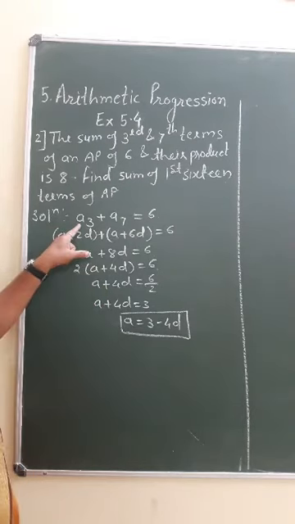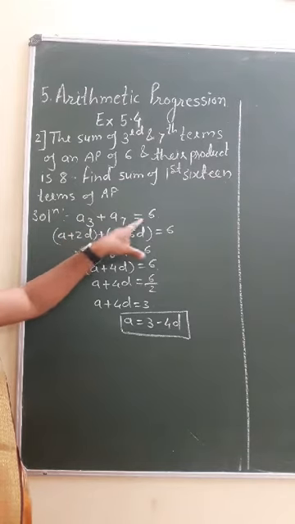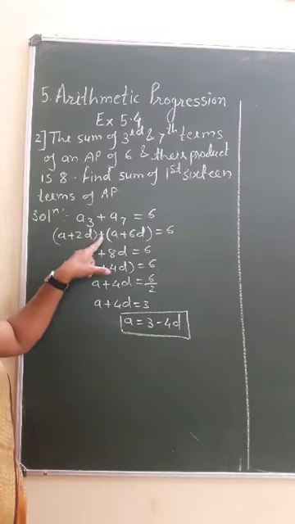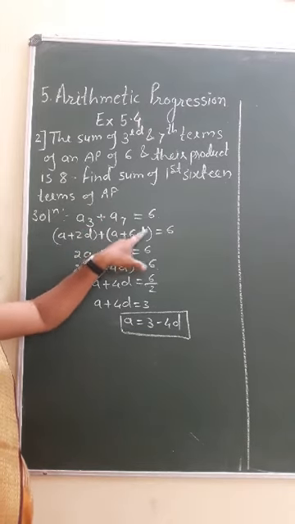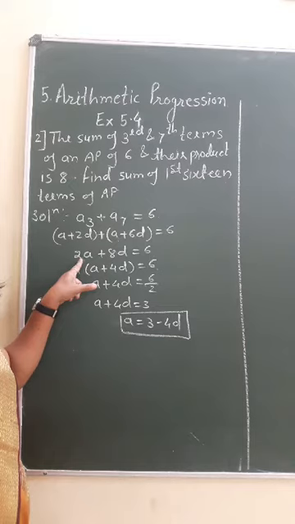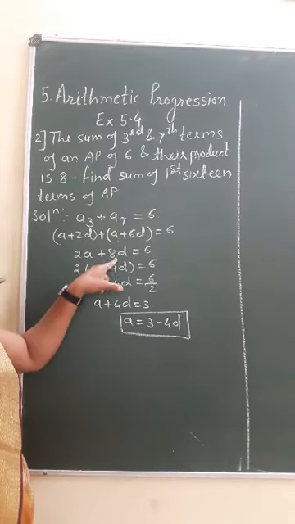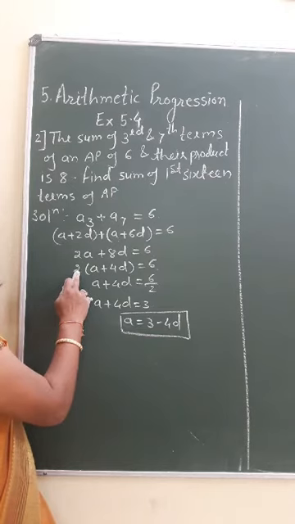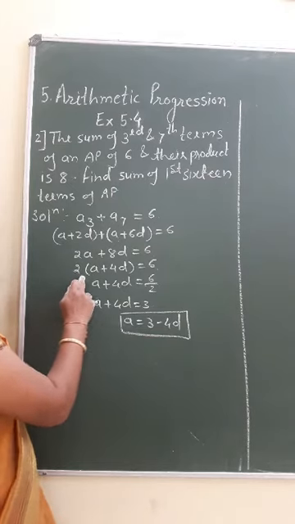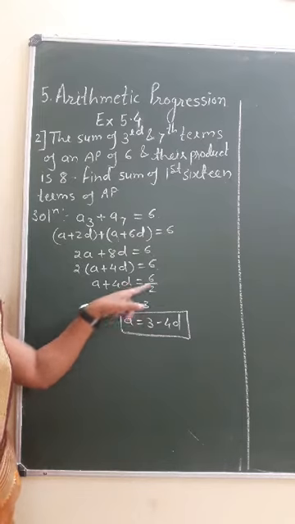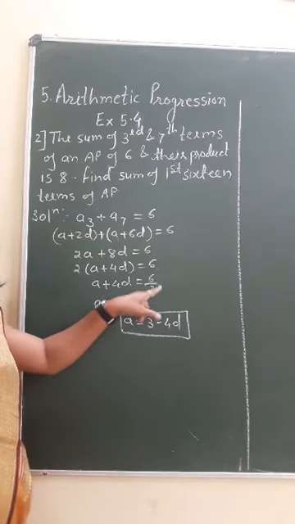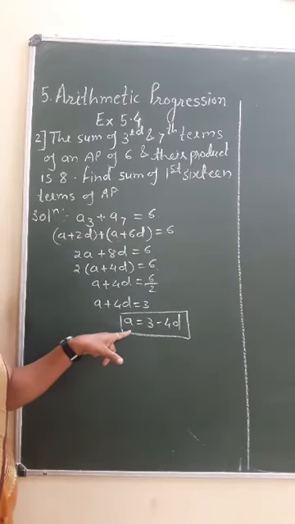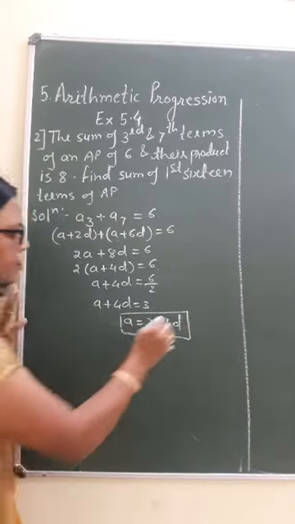They have given a3 plus a7 is equal to 6. a3 we substitute the formula a plus 2d, then a plus a plus 6d is equal to 6. a plus a is 2a, plus 2d plus 6d, 8d, is equal to 6. From here I have taken out 2 as common: a plus 4d is equal to 6 divided by 2. a plus 4d is equal to 3, and I have converted a in the form of d.